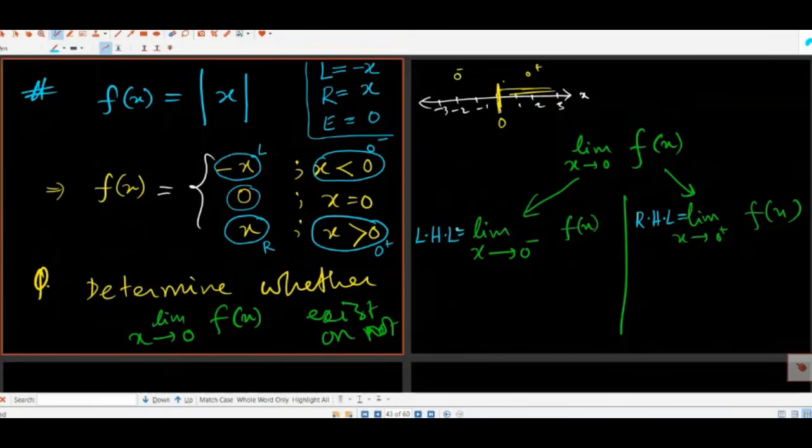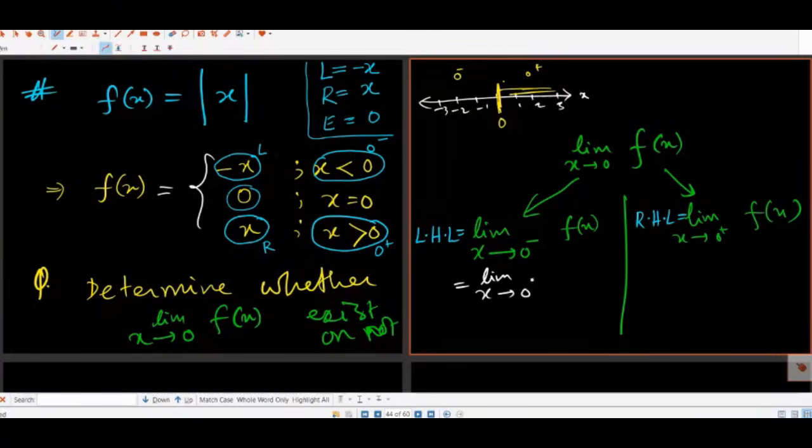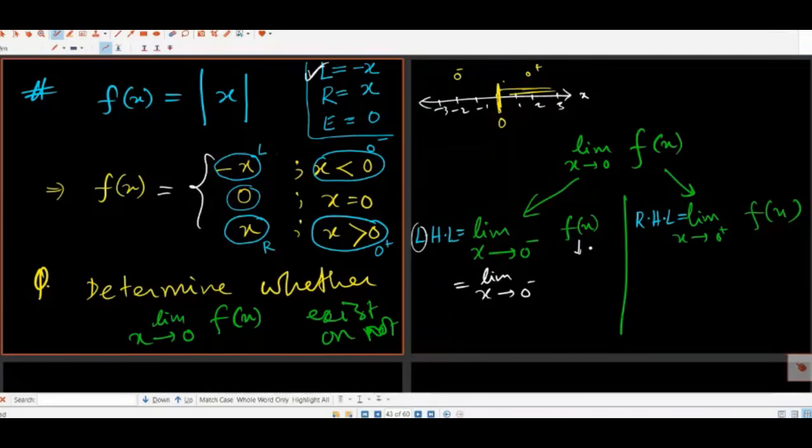Okay, so now this is easy to calculate. So limit x tends to 0 negative. Which one is the leftward function, or the 0 negative function? Minus x or x? You can easily see that it is negative x.